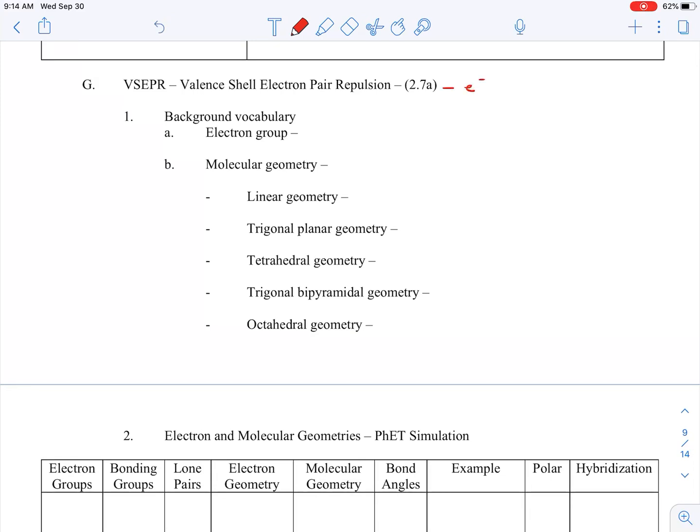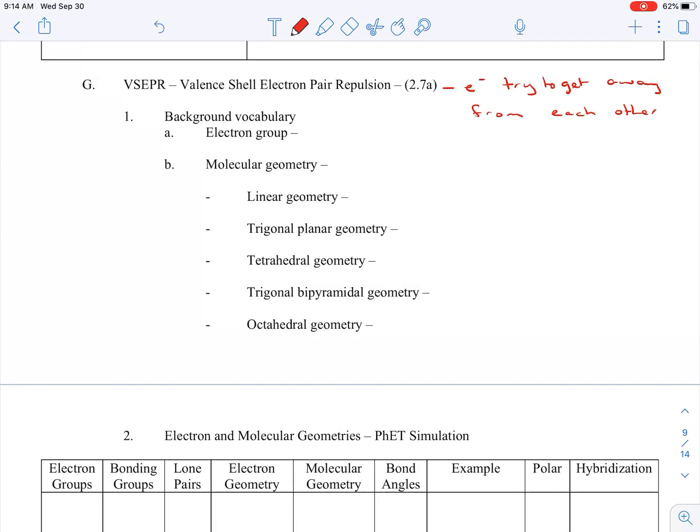If we think about Coulomb's law, negative charges would repel each other, so we're trying to keep them away from each other.